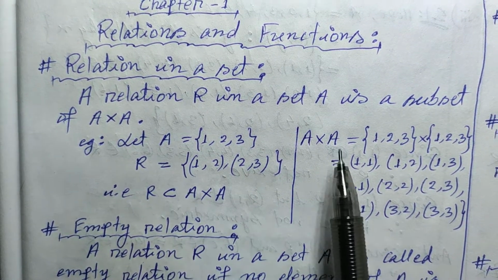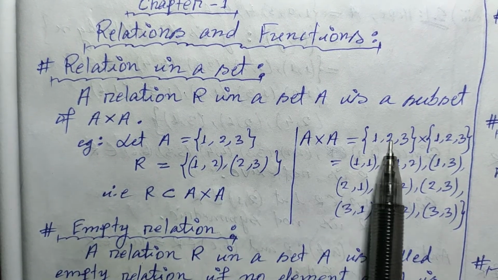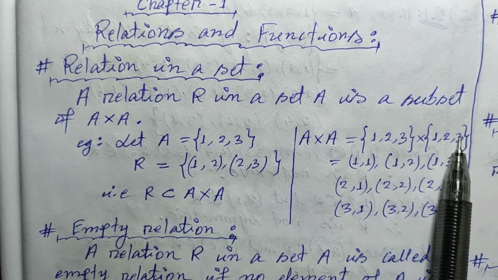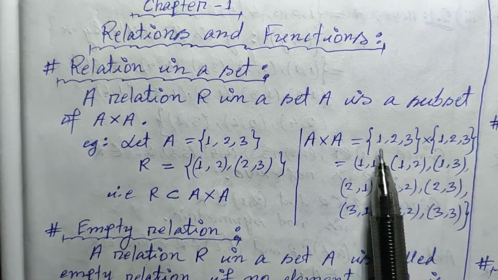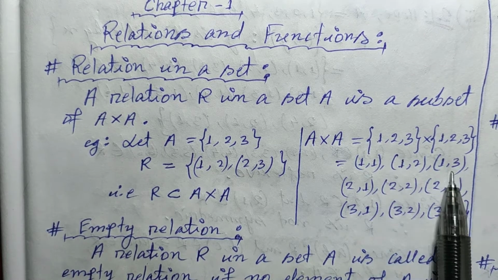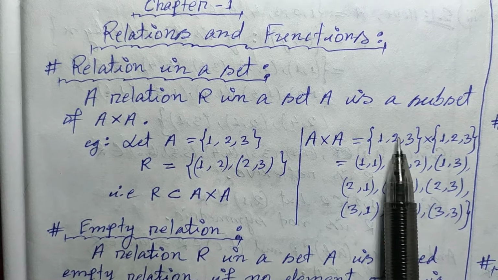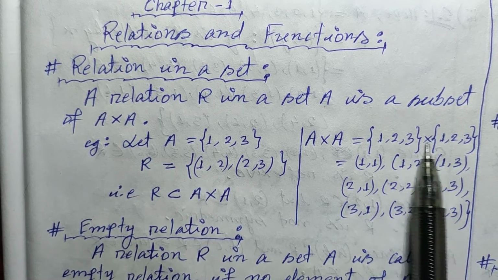If we find A cross A, these are the elements of A cross the elements of A. Then A cross A is (1, 1), (1, 2), (1, 3), (2, 1), (2, 2), (2, 3), (3, 1), (3, 2), (3, 3).